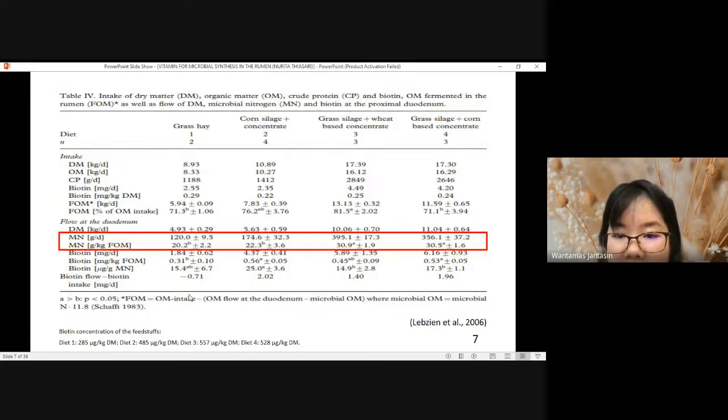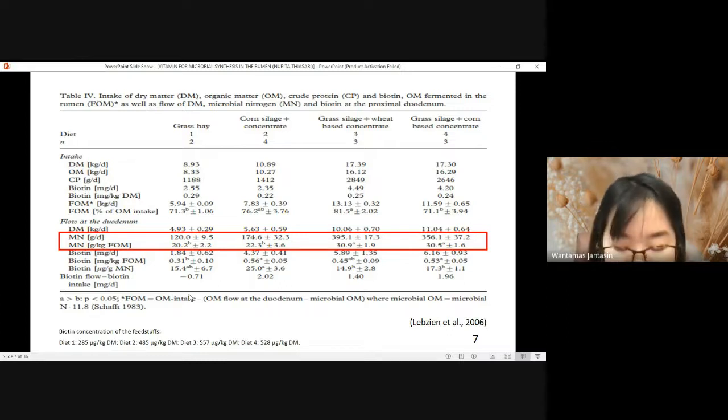Yes, from this slide, when we look at only grass hay itself and also corn silage added with concentrate, right? It seems to have an effect on MN, not much when we combine grass silage with wheat-based or corn-based concentrate.